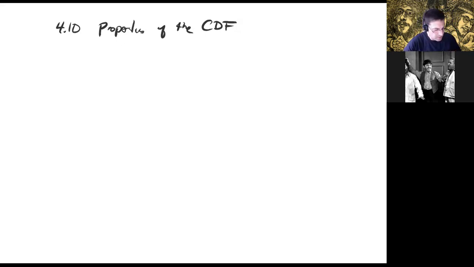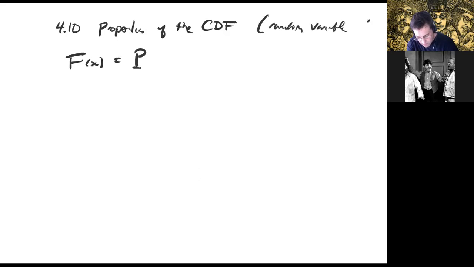Recall that the function F(x) is given by the probability, so you have a random variable X, and it's given by the probability that X is less than or equal to x. That's how we defined it. And here are the properties.